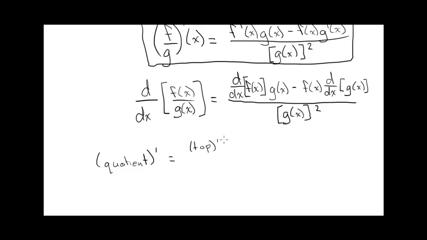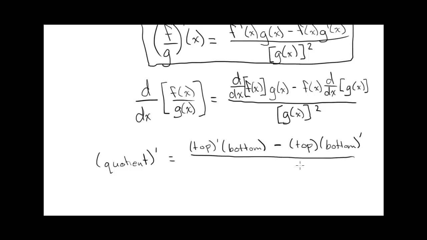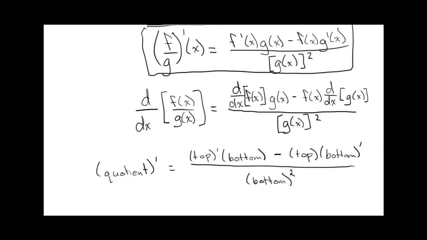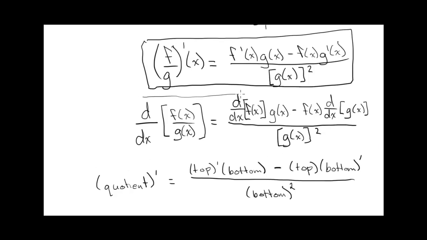So the derivative of the top times the bottom, which you leave, minus leave the top times the derivative of the bottom, all over the bottom function squared.